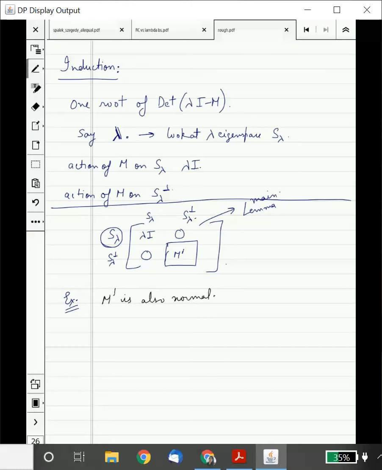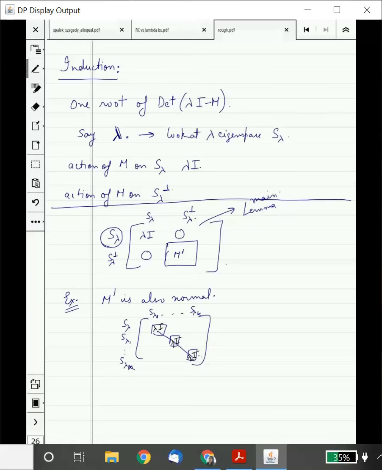It is easy to show, I will give you as an exercise, that M prime is also normal. That means it will still have a spectral decomposition by induction, and this way I will get these different eigenspaces where each of these blocks will be diagonal: lambda I, lambda 1 I, and so on.